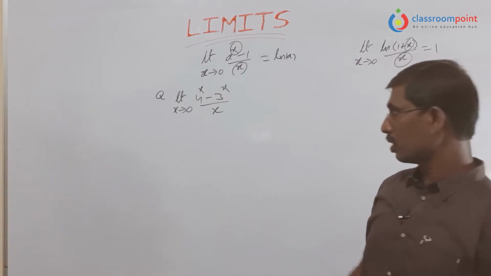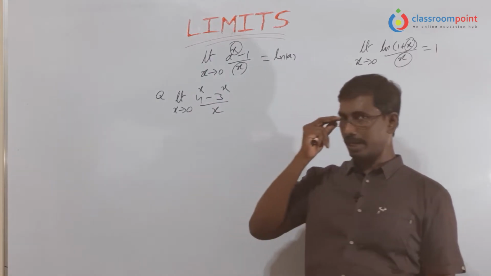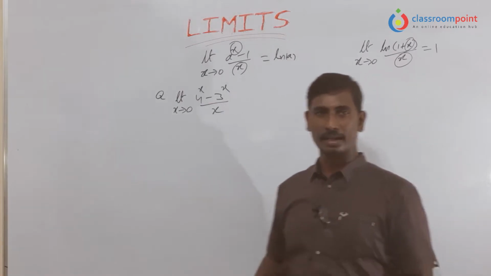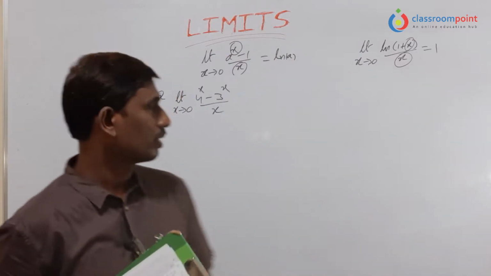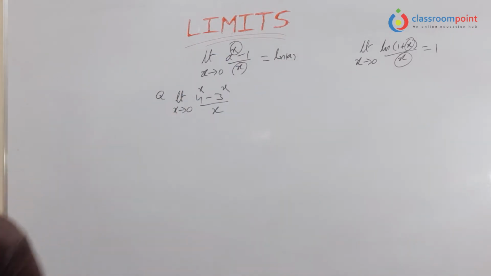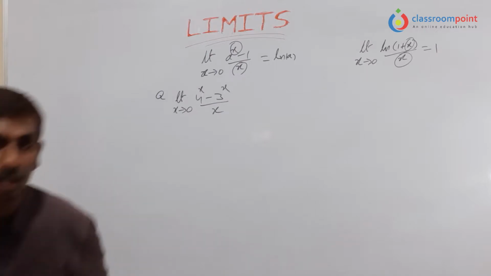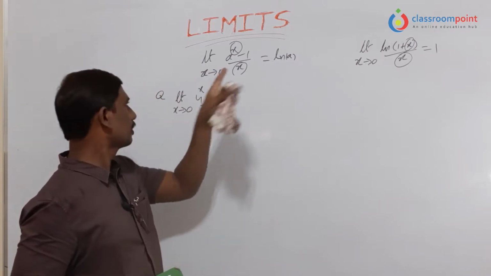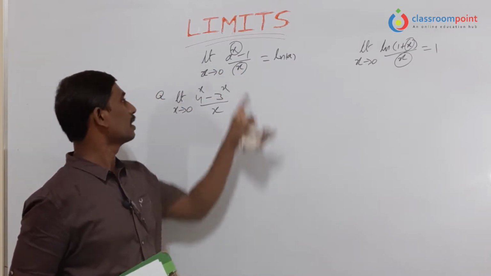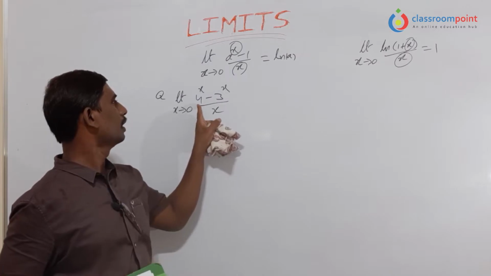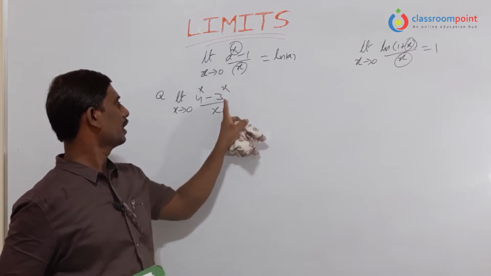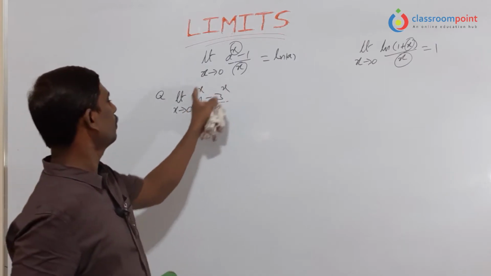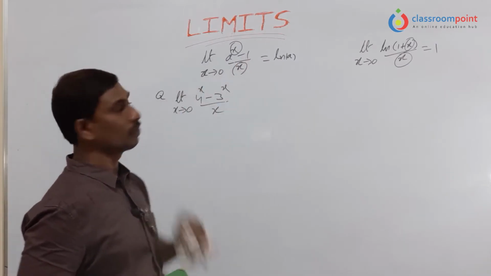Limit x tends to 0, (4^x − 3^x)/x. This is the question. Then how to solve that one? By using this calculation, in the place of a we have 4. Here in the place of a we have 3. Then this total simplification converts into this one.